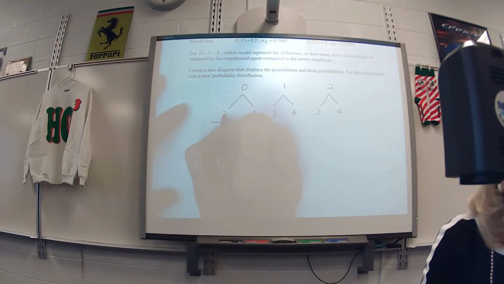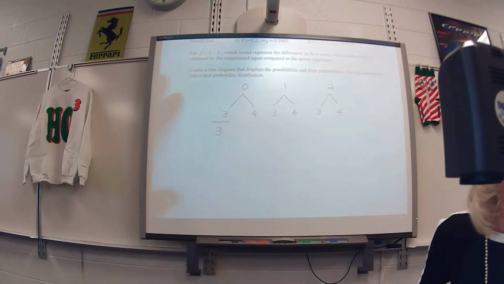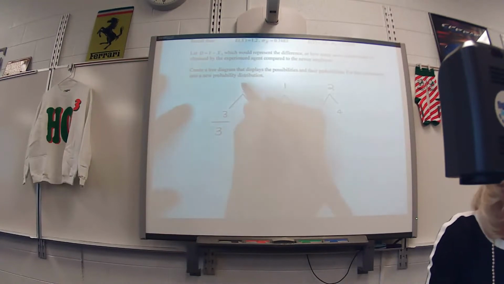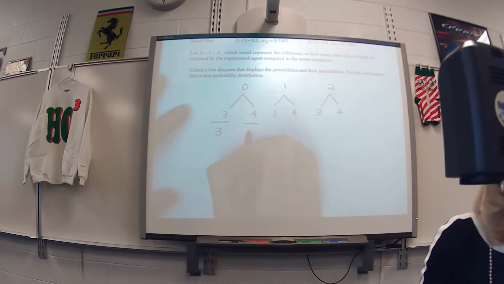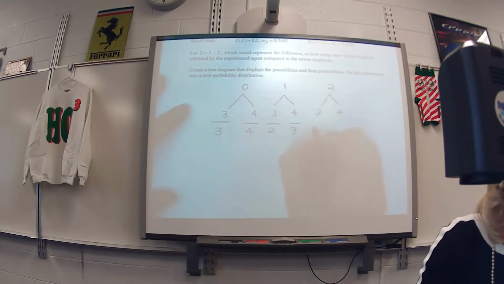We're going to say 3 minus 0. Oh, the old guy pulled in 3 more than the new guy. Oh, the old guy pulled in 4 more than the new guy. The old guy pulled in 2 more than the new guy. 3 more. And what I'm doing now is I'm subtracting these instead of adding them.